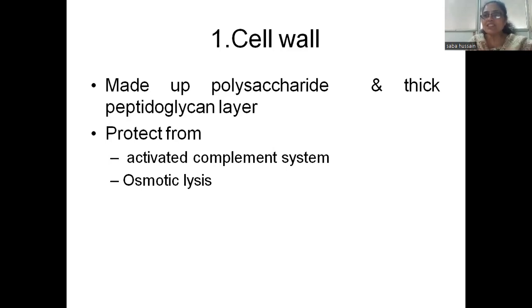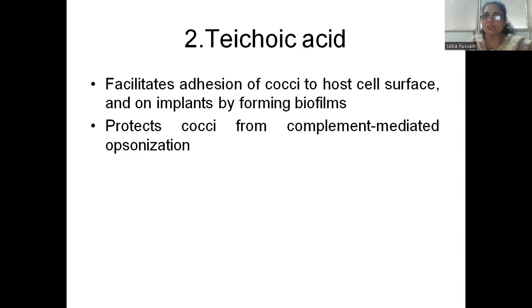This pathogen has a thick cell wall which protects it from getting recognized by the complement system, and this cell wall also protects the bacteria from getting lysed by osmotic pressures. So this cell wall is protecting it and getting it an entry pass into the host and disturbing the host.